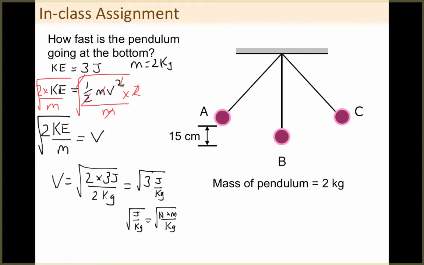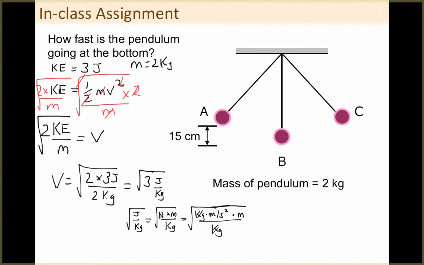We can break this down even further because we know that a newton is kilograms times meters per second squared. And then times meters, we still have that meters up there, all over kilograms.